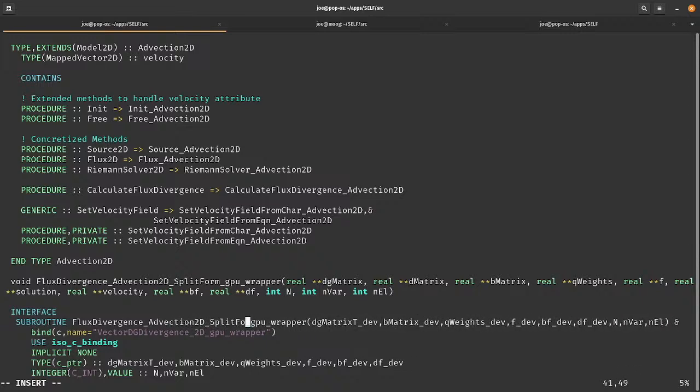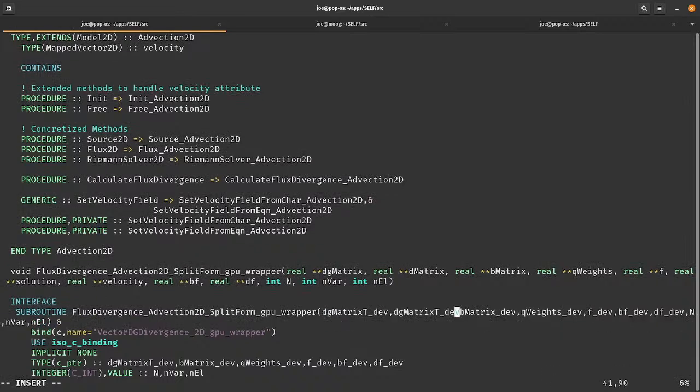Split form. Okay. Again, we got DG matrix, dev. I'm going to do D matrix, dev next to it. I've got B matrix, then Q weights, then F, then solution, then velocity.